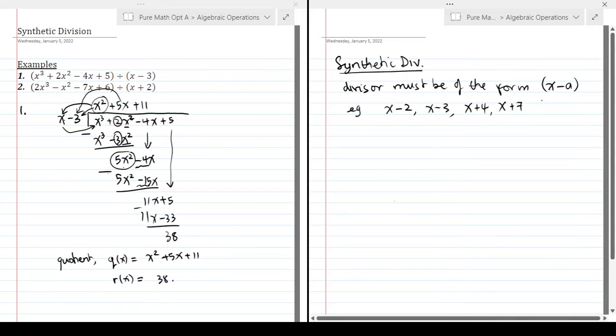And what I'm going to do is I'm going to do the same question, obviously, using synthetic division, right? So your divisor must be of that form. That's one part of it. And then now you have to write it down in a very specific way. So what you are doing is you are converting, first of all, the dividend, the thing you are dividing, to a string of integers.